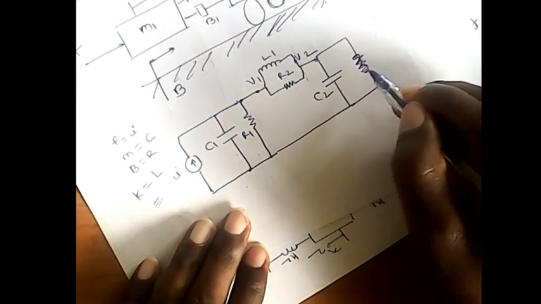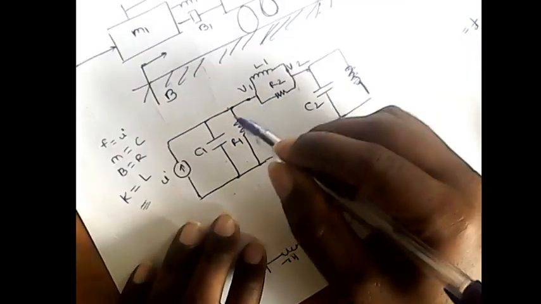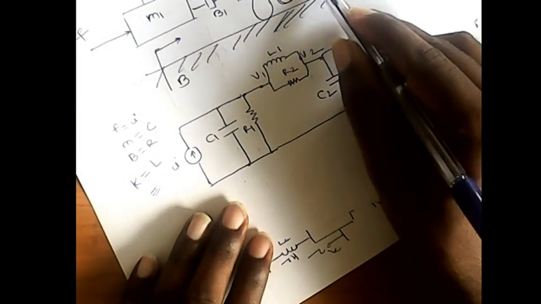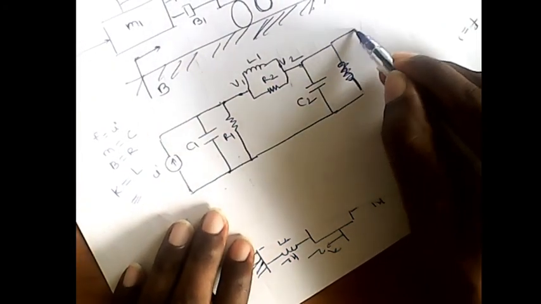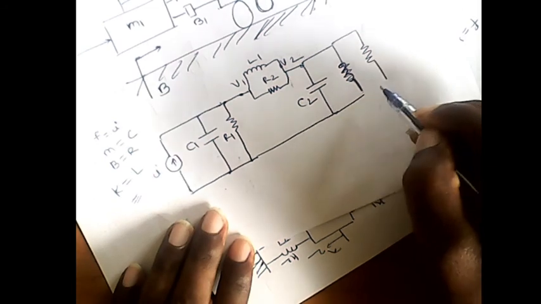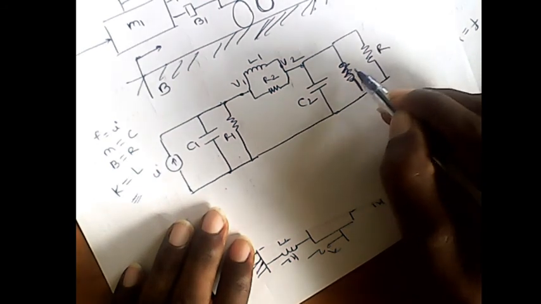And again there is a dashpot, which will map into a resistance. So this is L2 and R2. This is the final equivalent circuit: this translational mechanical system is converted to an electrical system by the force-current analogy.